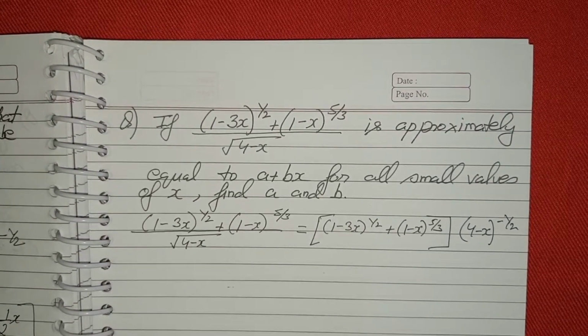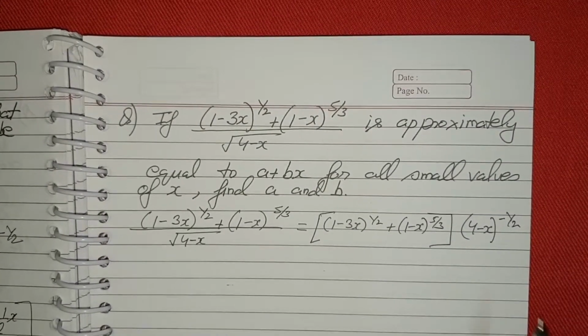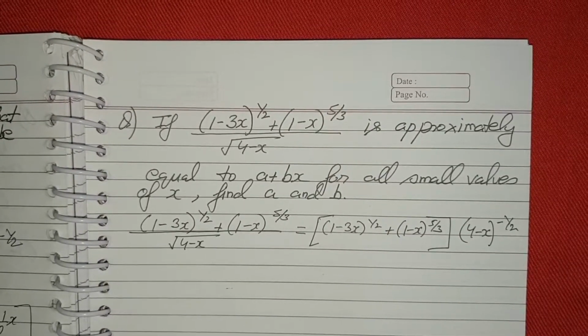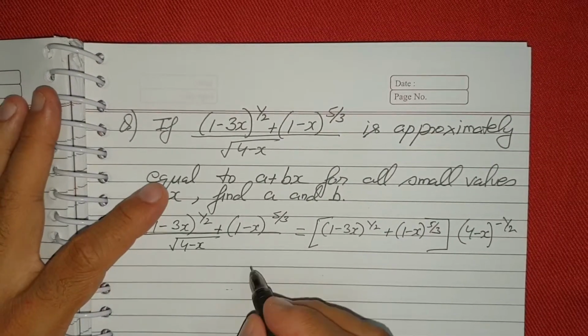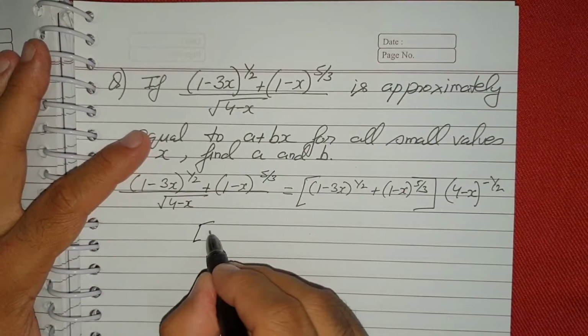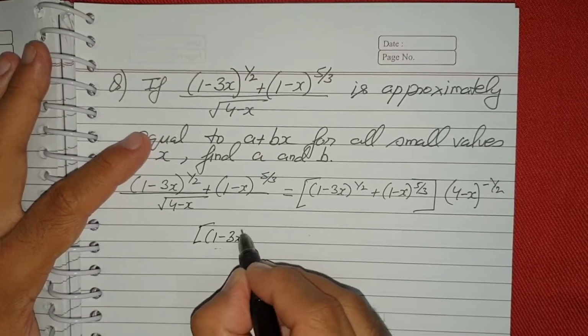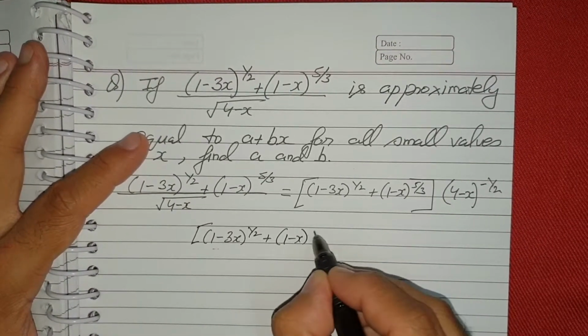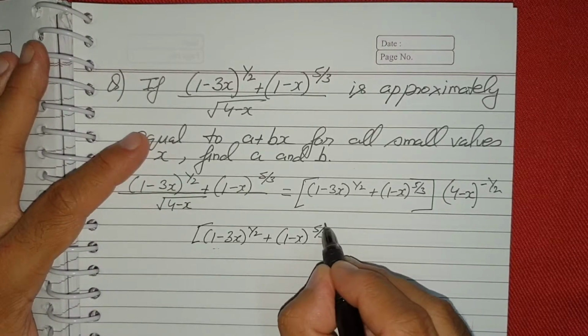So neglecting the higher powers of x. Now in this case we have to take 4 common. So actually this will be written like this. This is 1 minus 3x to the power 1 by 2 plus this is 1 minus x to the power 5 by 3.